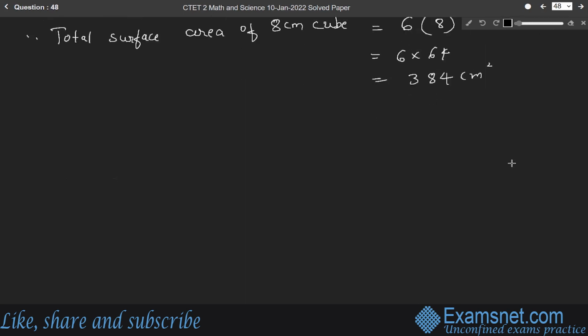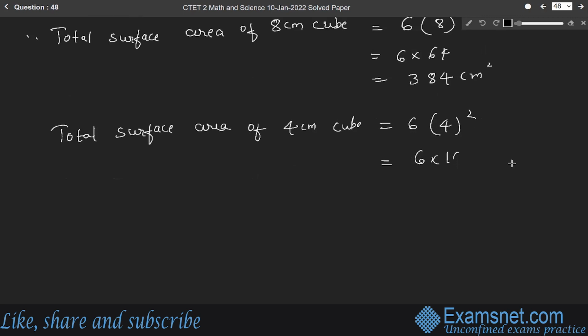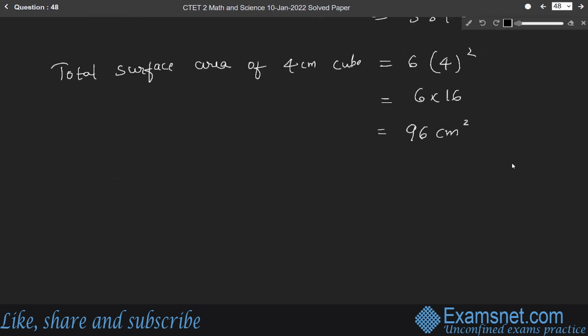So the total surface area of a 4 centimeter cube is equal to 6 times 4 square, which is 6 into 16, 96 centimeter square. So, the total surface area of each 4 centimeter cube is 96 centimeter square.